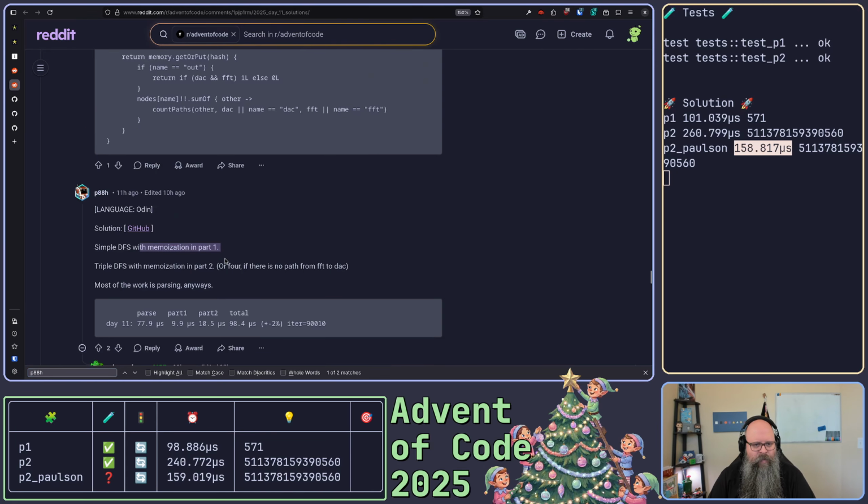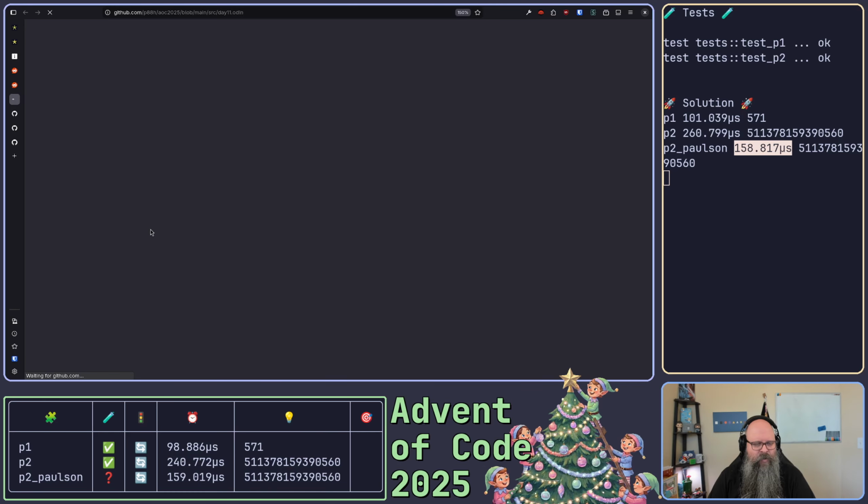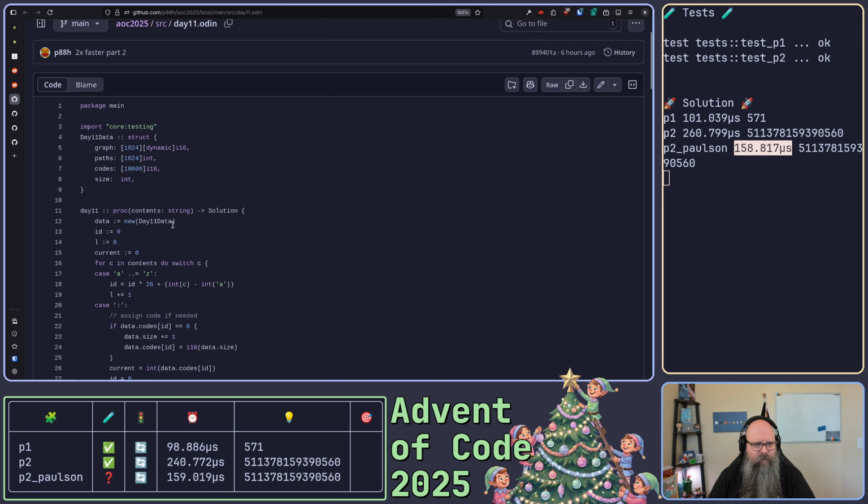Simple DFS with memo for part 1, triple DFS with memo for part 2, or 4 if there are none. Okay, so I suspect this one's very similar to mine.